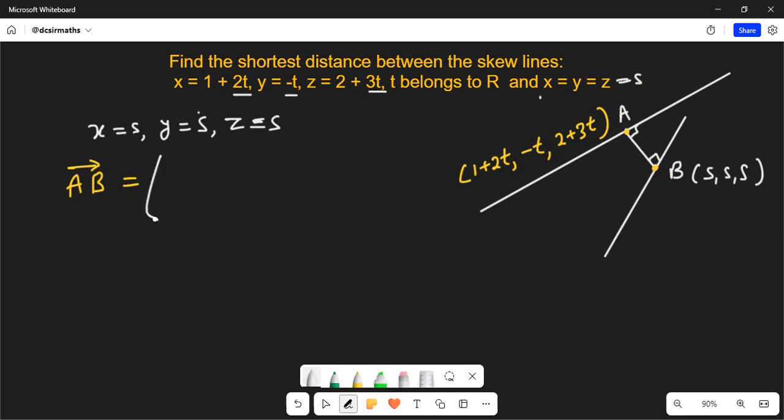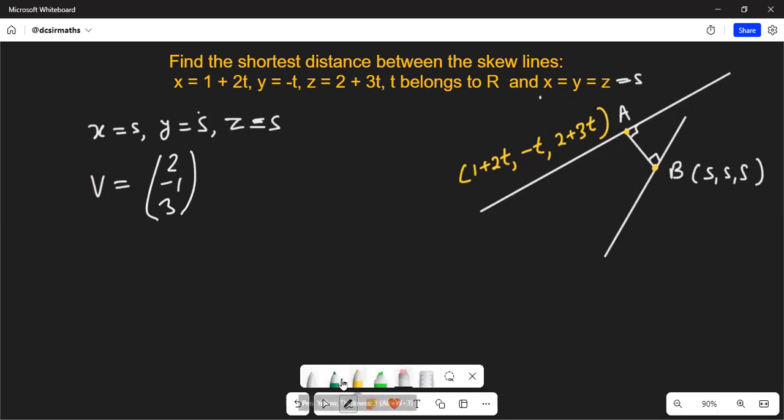The coefficients of t are 2, -1, and +3. Before finding AB, let me find the direction vector of the first line, and let us say this is vector V. So V, the direction vector of the first line, is 2, -1, 3, all right?